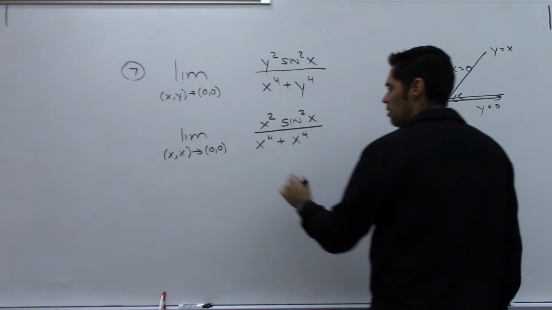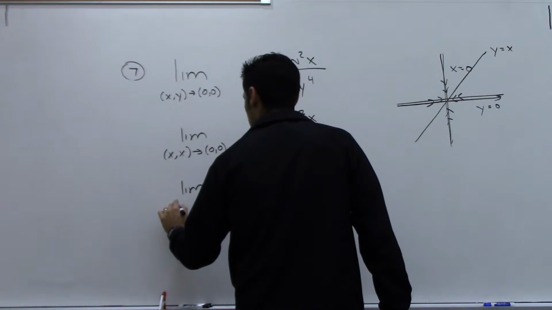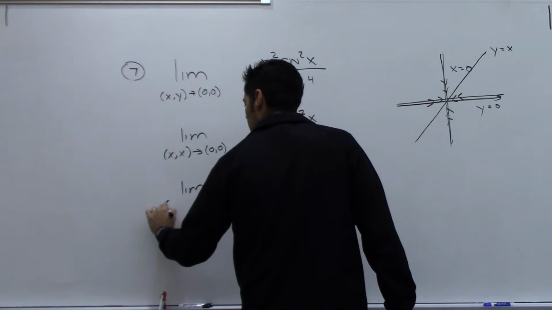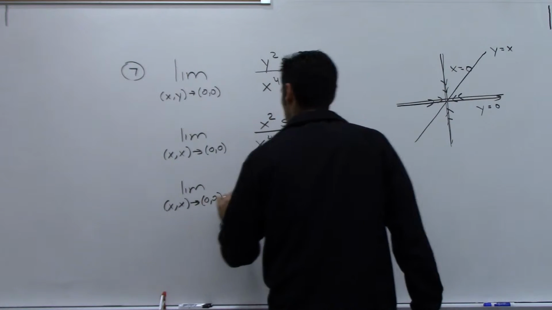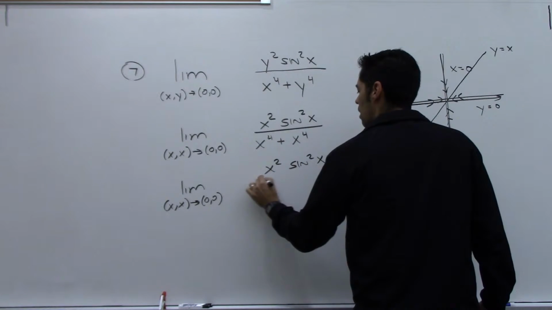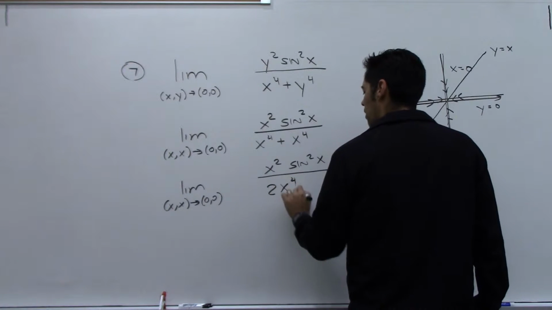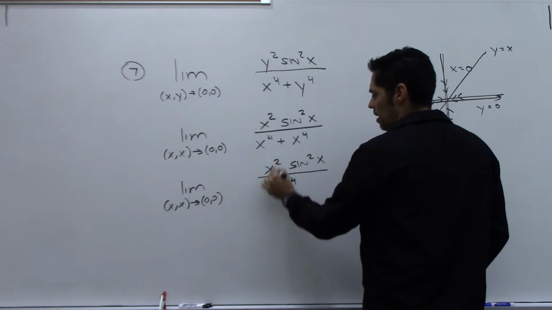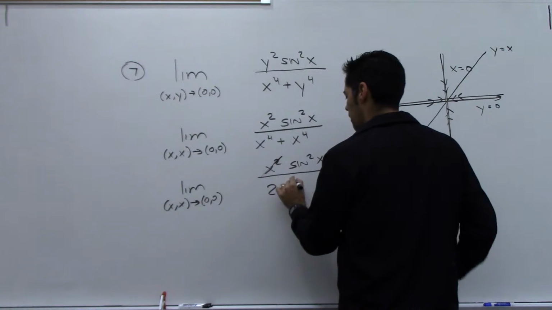And what I can do is rewrite the limit. I'm gonna basically cancel out a factor of x squared here. Just a second, you'll see this. So I have on the top x squared sine squared x. On the bottom, this is 2x to the 4th. And so what I can do is cancel this, and this will become x squared.